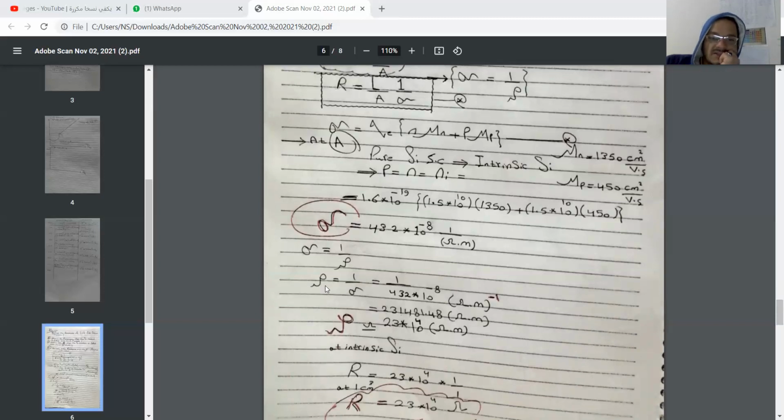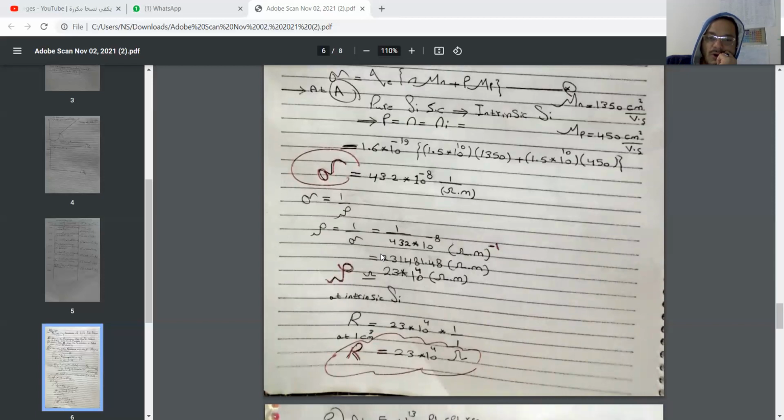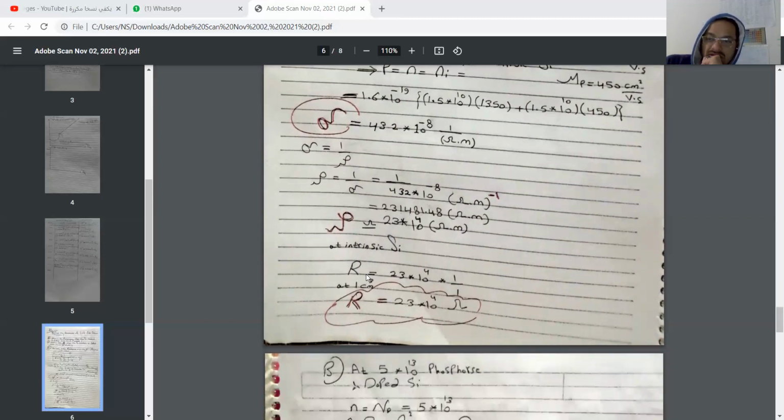And the resistivity equals one over the conductivity, and will be approximately 23 exponential 4 ohm dot meter, and the resistance will equal 23 dot exponential 4 ohm.